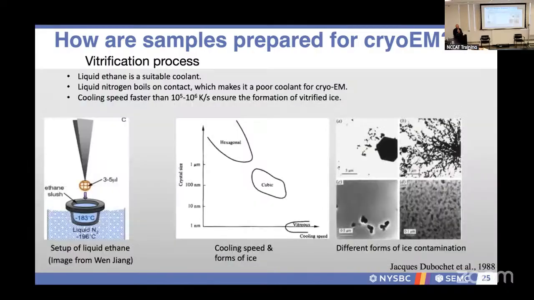We try to work in normal atmosphere and temperatures. But if we're able to cool very fast, somewhere on the order of 10 to the 5 to 10 to the 6 Kelvin per second, we can bypass a lot of the phase transitions of ordered ice to this amorphous water.